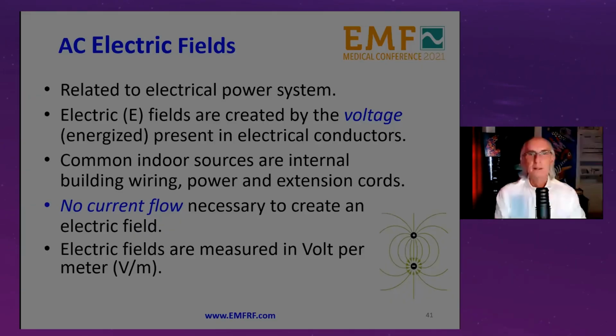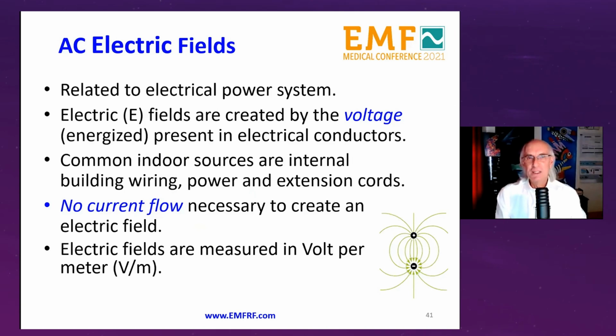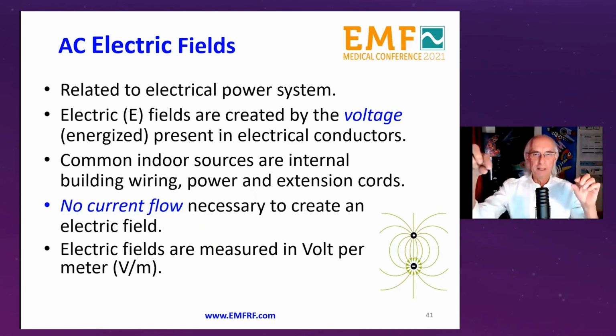The electric fields, contrary to the magnetic fields, are actually created by the voltage being present. What's that? Let's get back to the analogy of the water pipe. We have the water pipe with the spigot, and when we turn it on, the water flows and we get the magnetic field. But if we turn it off, there's no flow.